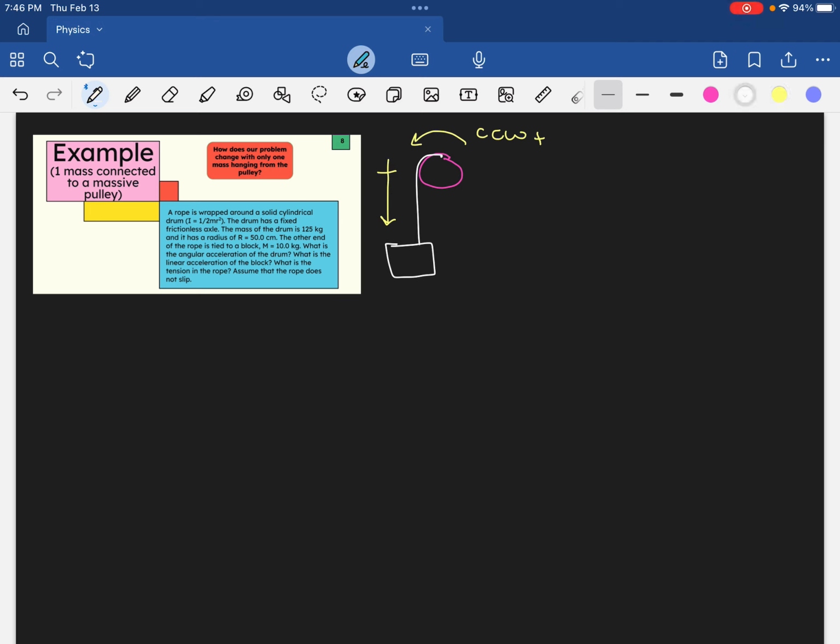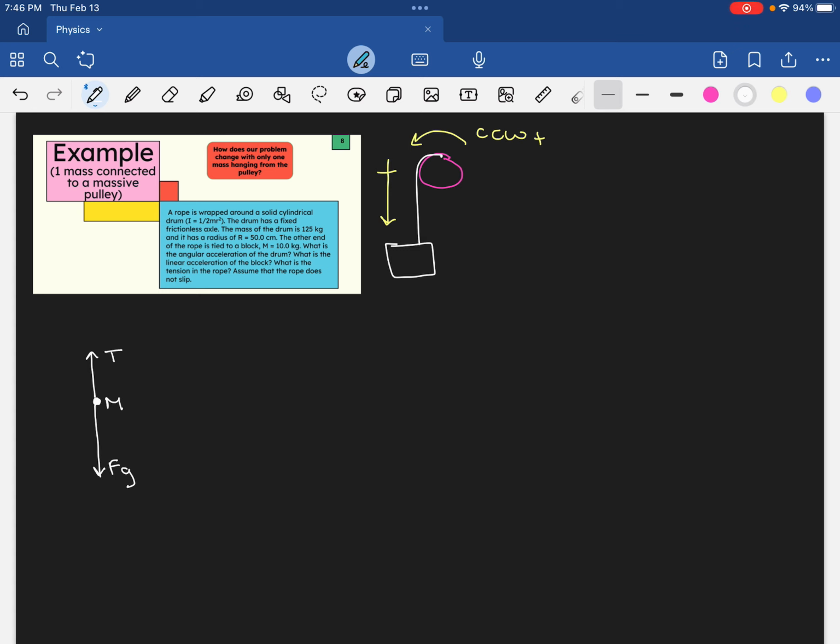First, let's start off with our mass. If I draw my free body diagram, I'm going to label this M. It's accelerating downwards, which means that the force of gravity acting on the mass is greater than the tension in the string.